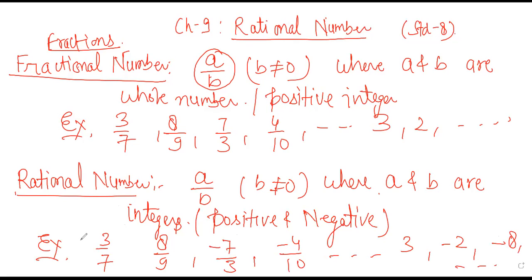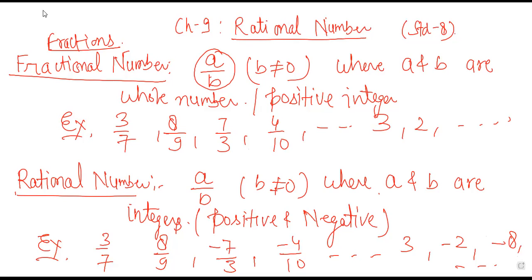These all are rational numbers, right? So what is the basic difference between fractional numbers and rational numbers? In both there is a numerator and denominator, but fractions have only the positive sign, and rational numbers have positive as well as negative. This is the main difference.